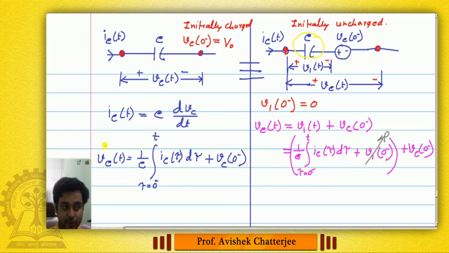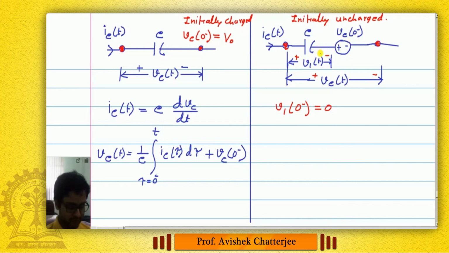So the relation between Vc and IC is same in this circuit as well as in this circuit. Okay? However, here in this case I can write ic(t) is equal to C dV1/dt.